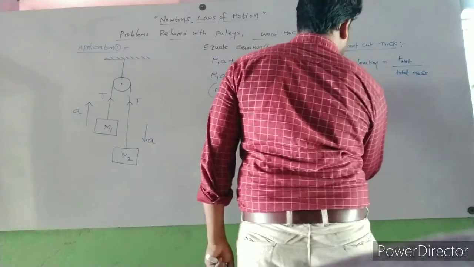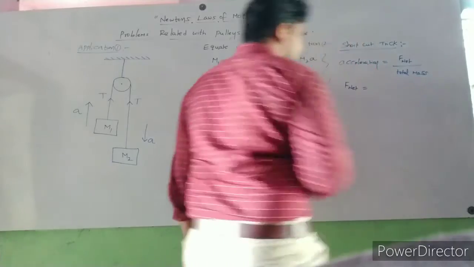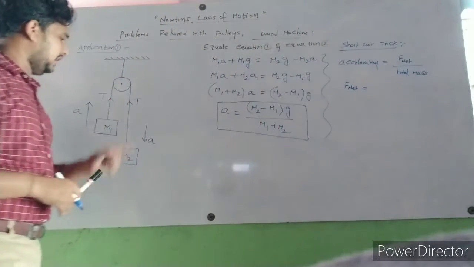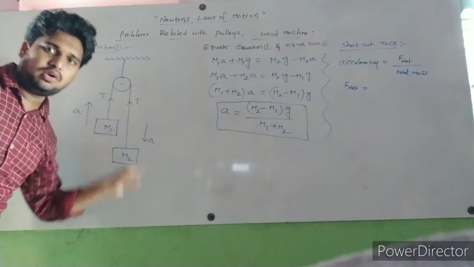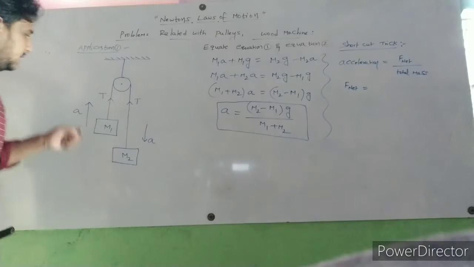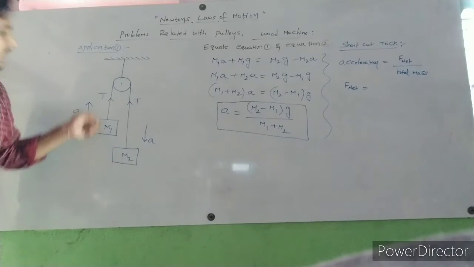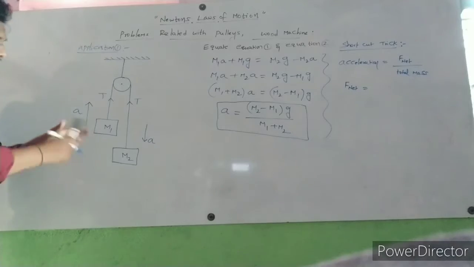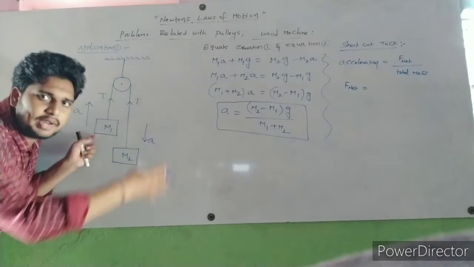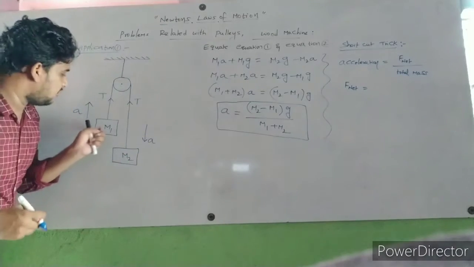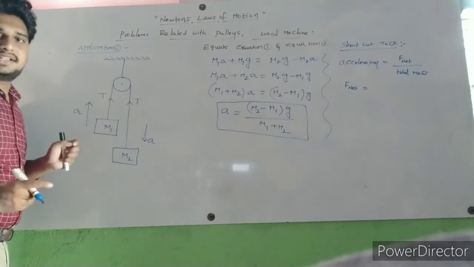Observe carefully, what is net force here? Acceleration is downward for M2. Acceleration is upward for M1. That means this M2 block is moving in the downward direction, and M1 block is moving in the upward direction.